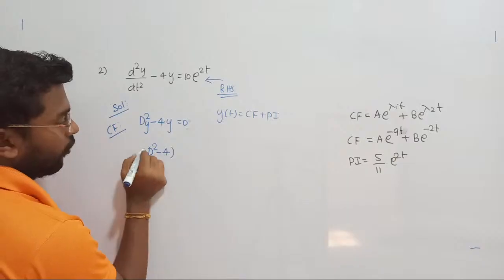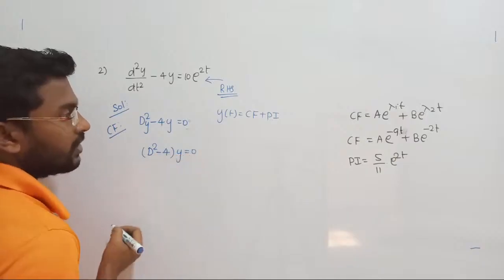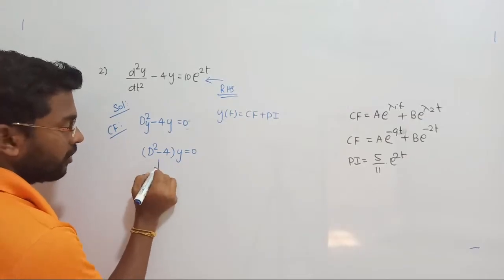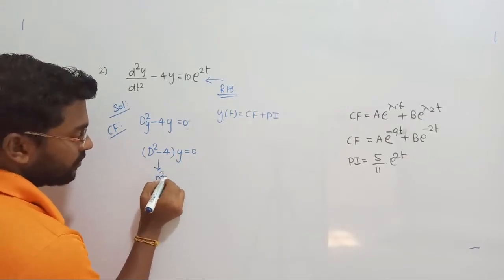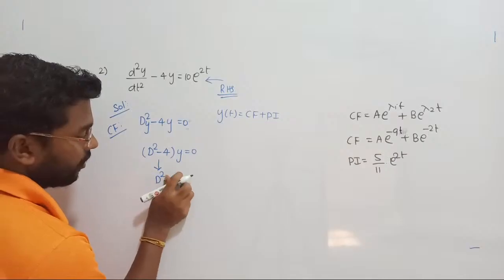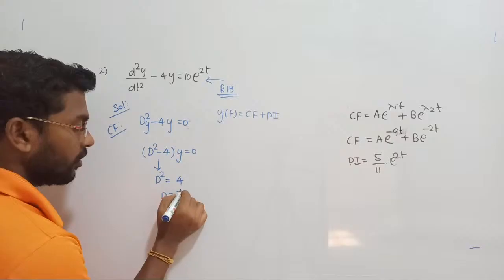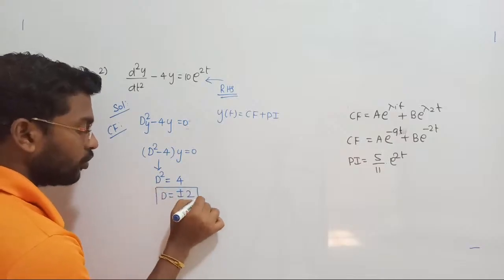D square minus 4 into y equal to 0. In order to find the complementary function, find the roots. D square minus 4 equal to 0, in the sense d square equal to 4, or we can say d is equal to plus or minus 2. Yes, we got 2 distinct roots.